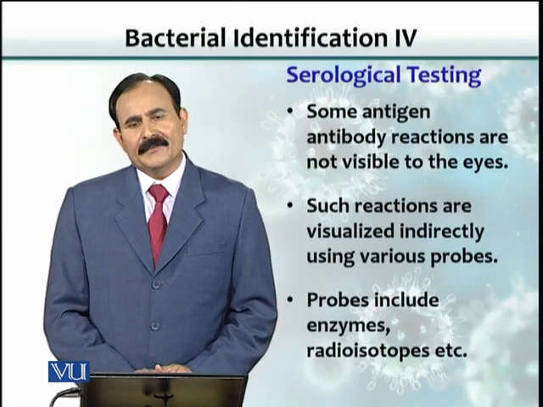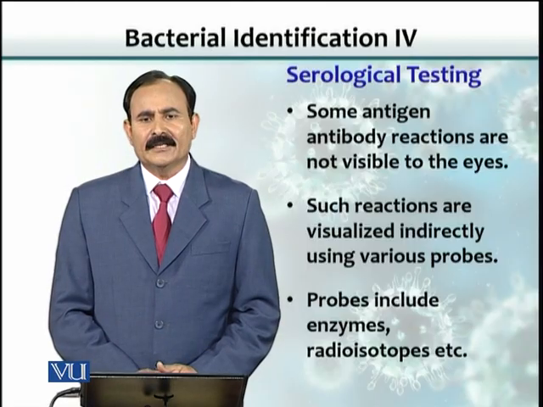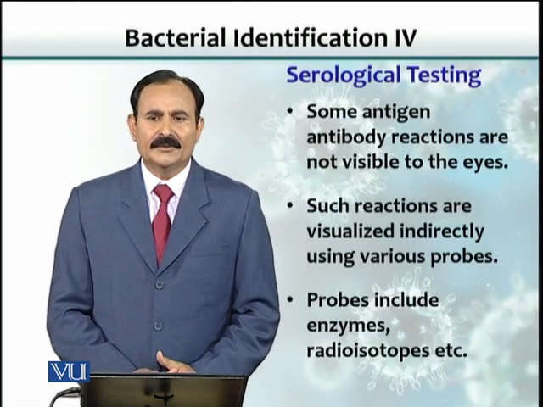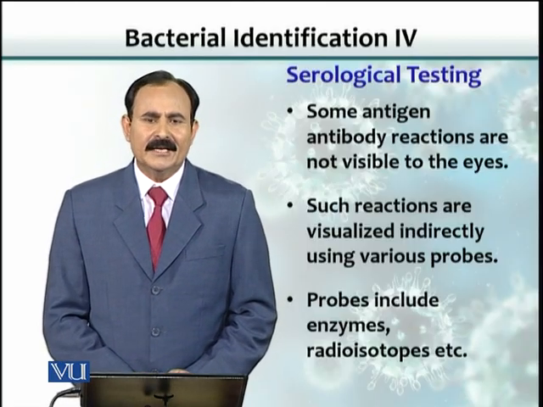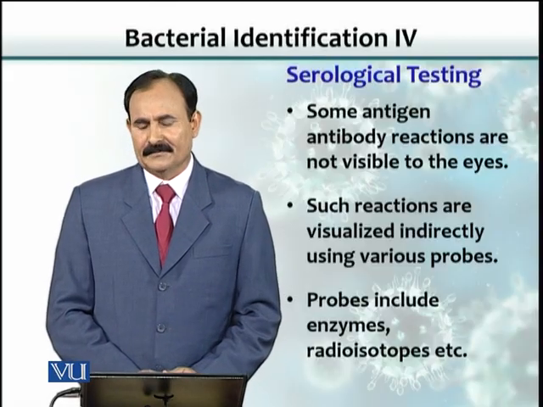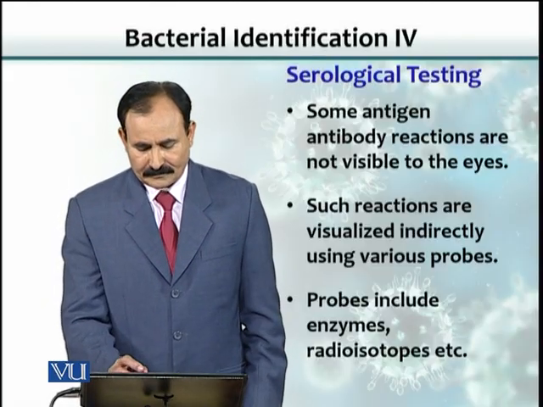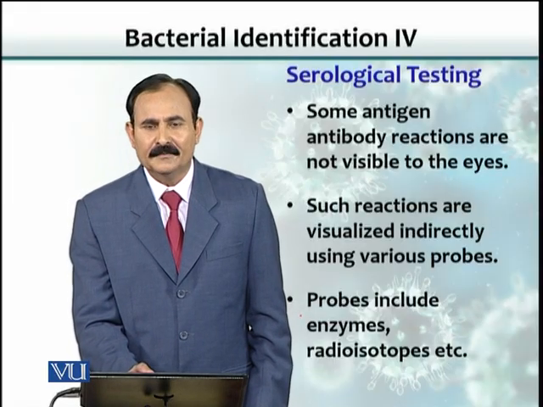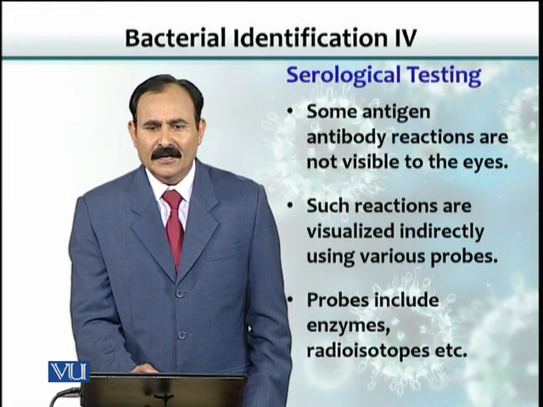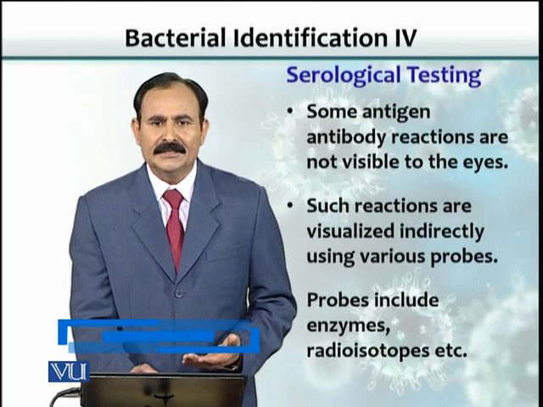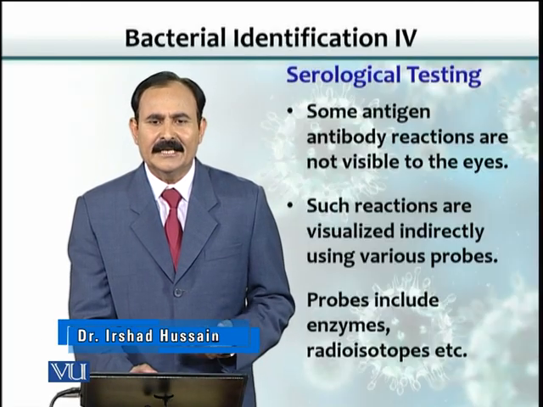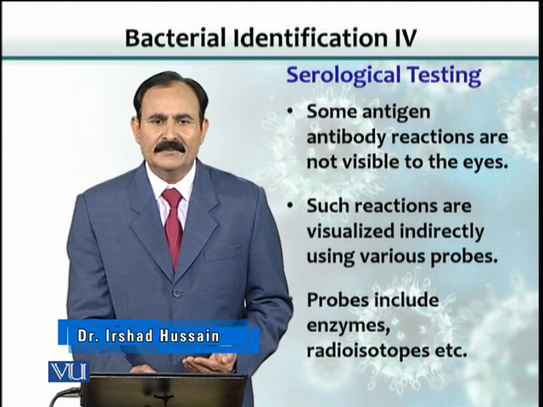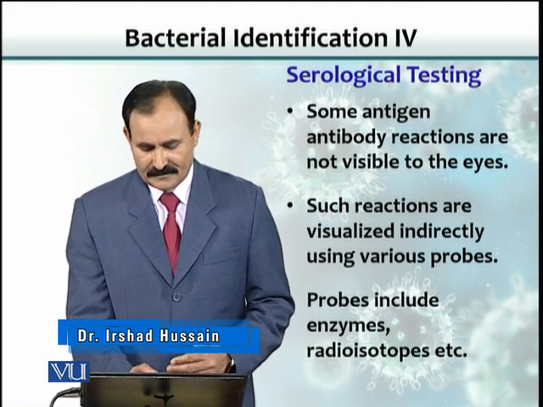ELISA is one of them. This interaction is not visible to the eye. So in order to make it visible, we modify the system a little bit. What we call probes. Probes are basically our extensions into the system so that they tell us whether antigen-antibody interaction has occurred or not.